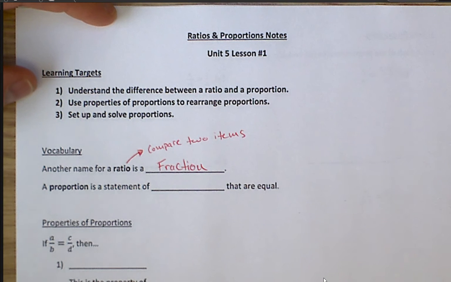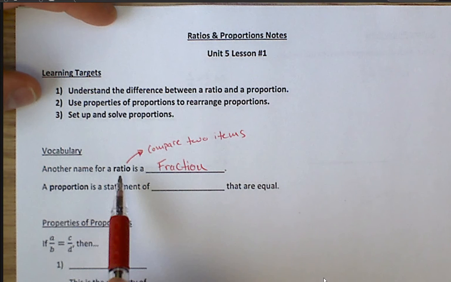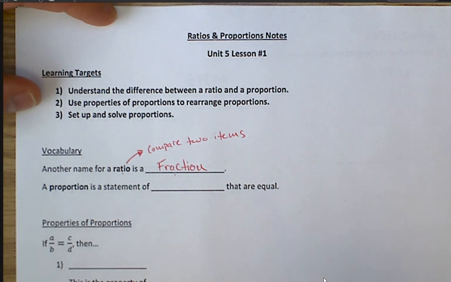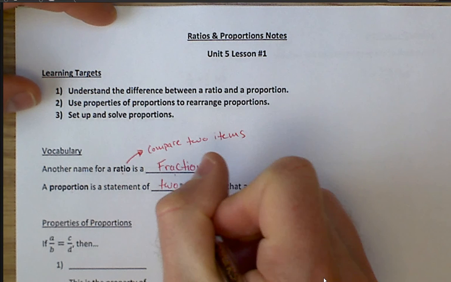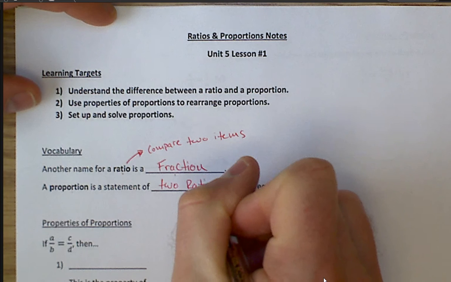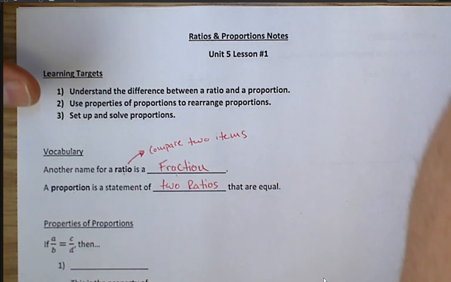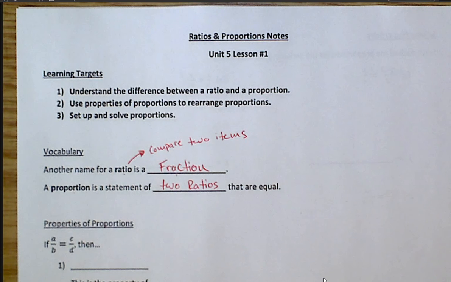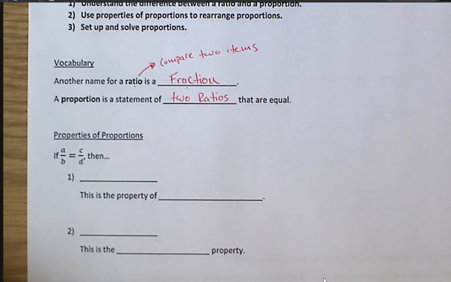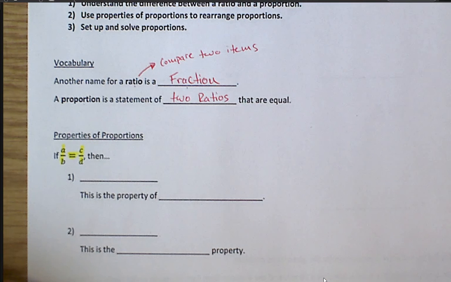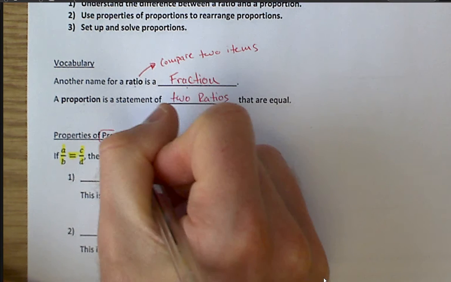You're comparing two things. So if a ratio is just a fancy word for a fraction, a proportion is a statement of two ratios that are equal. This right here is an example of a proportion.